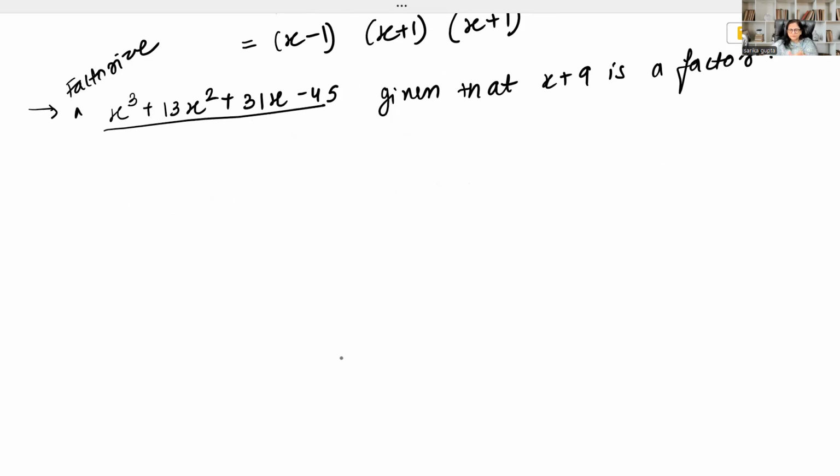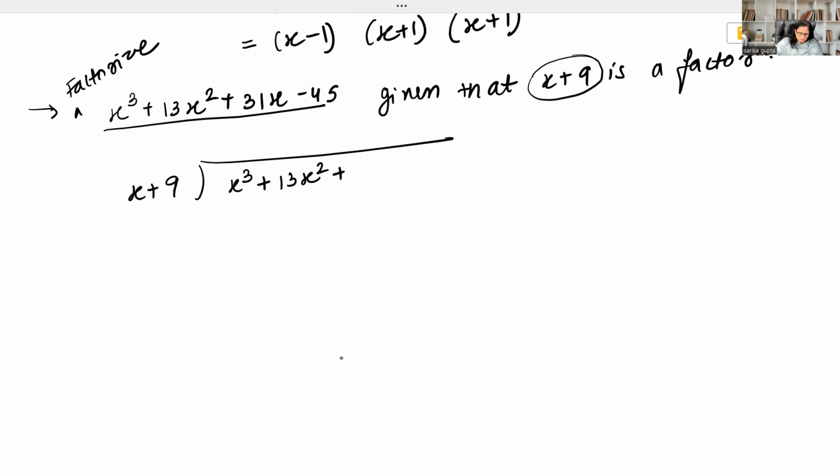Since we are already given one of the factors as x plus 9, we don't have to go into the hit and trial method because one of the factors is already given. We will just go for the long division method. So x plus 9 will divide x cube plus 13x square plus 31x minus 45.